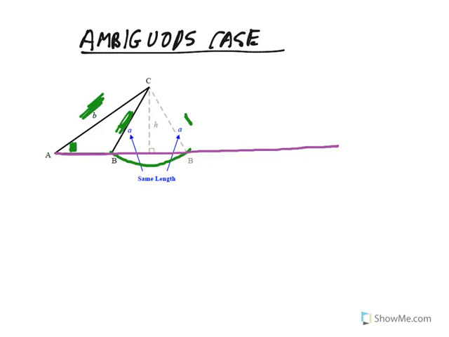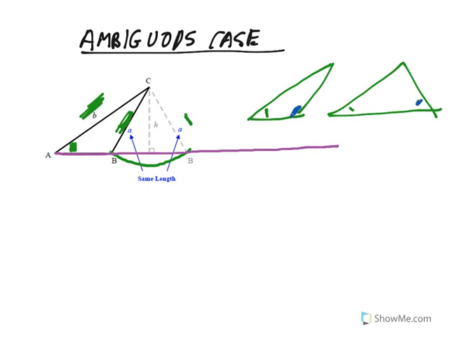So the dilemma that we have then is, is the triangle we're looking at this one, or is the triangle we're looking at this one? Because both of them work. Alright, so that's our ambiguous case. So basically what that ends up meaning is that we can have two different options for this angle down here and two different options for that length there.